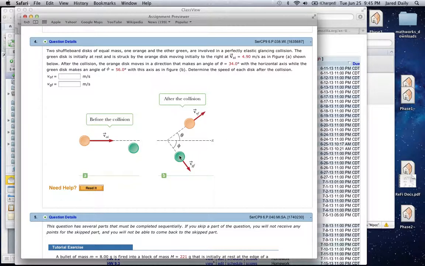The other thing we have to know is that the velocity of this puck in the x direction times its mass, plus the velocity of this puck in the x direction times its mass, has to equal the initial velocity of the orange puck in the right direction with its mass. So you have to add these two x direction momentums. It has to equal this one's momentum.